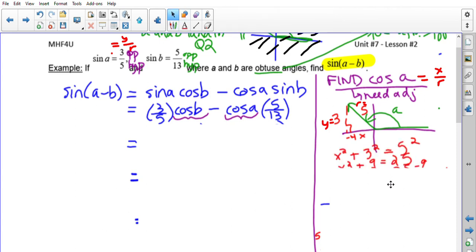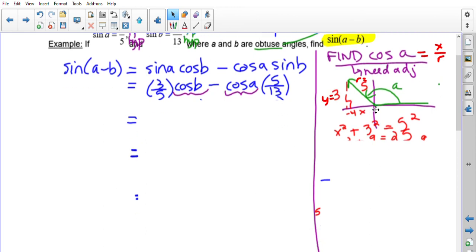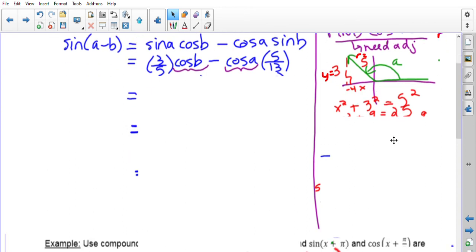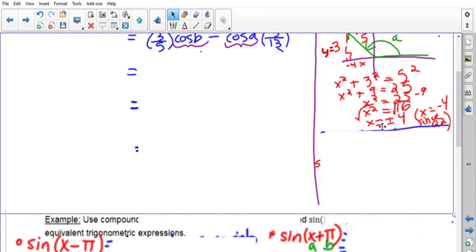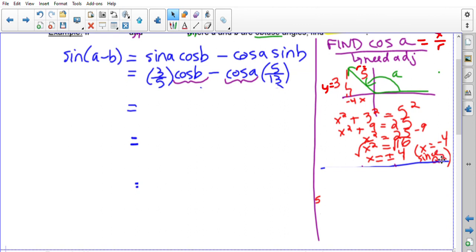I can use the Pythagorean theorem, right? So I know that x squared plus 3 squared is going to equal 5 squared. Again, we don't know this. The negative 4 is what we're going to come up with for now. So that's x squared plus 9 equals 25. X squared equals 25 minus 9. X squared equals 16. Then you have to take the square root of both sides. Mathematically, that's equal to plus or minus 4. So this is where you have to make a decision.